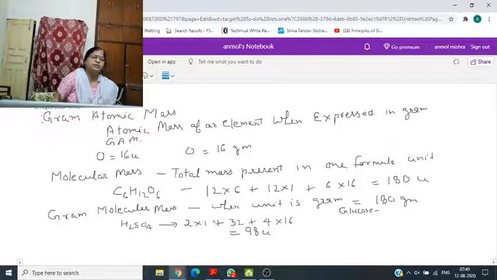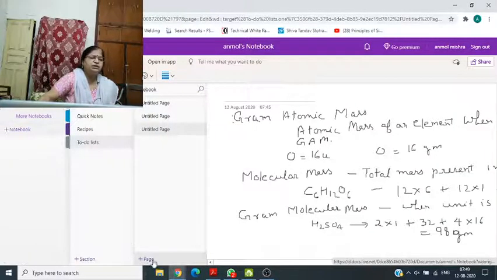If it is gram molecular mass, you will write grams. So you should know how to calculate this, otherwise in numericals you will find problems. Some students know it but make mistakes in calculating, so be careful while doing it.